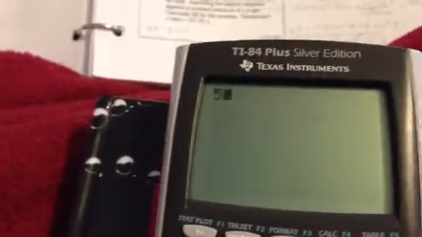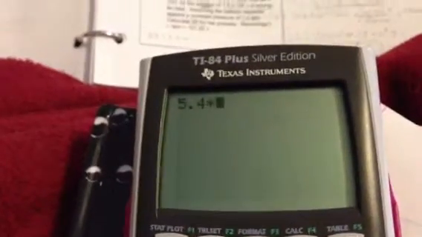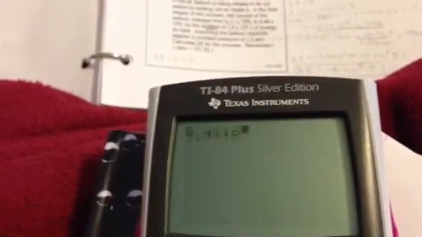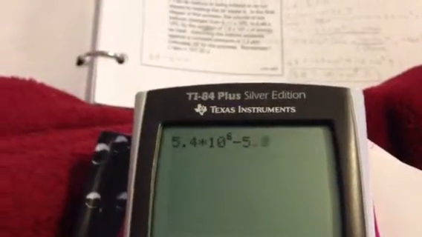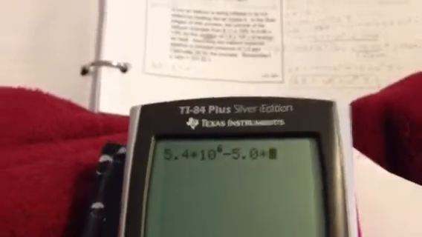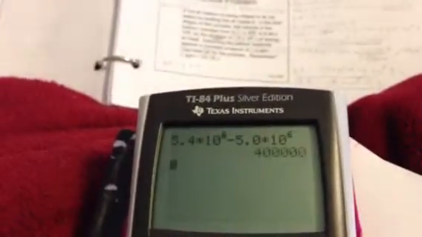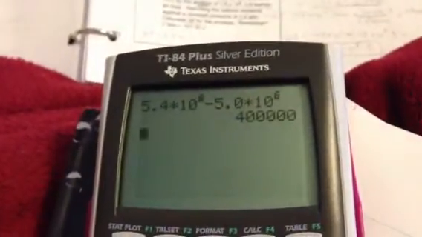I'm going to go 5.4 times 10 raised to the 6th power minus 5.0 times 10 raised to the 6th. That gives me 400,000.